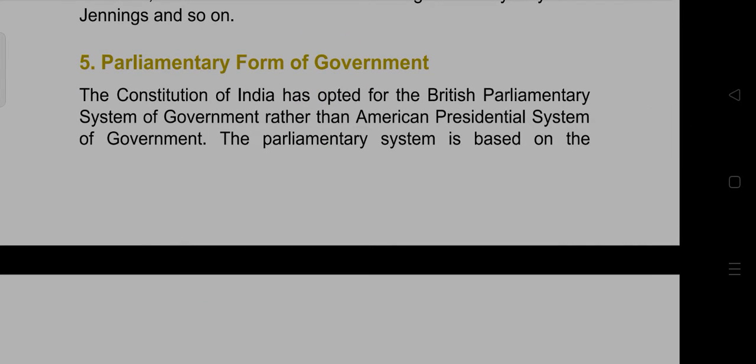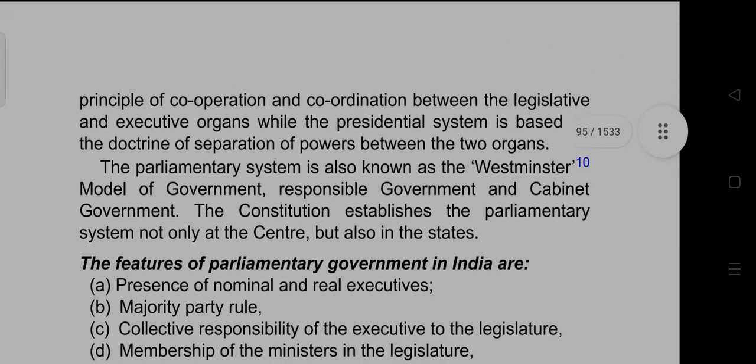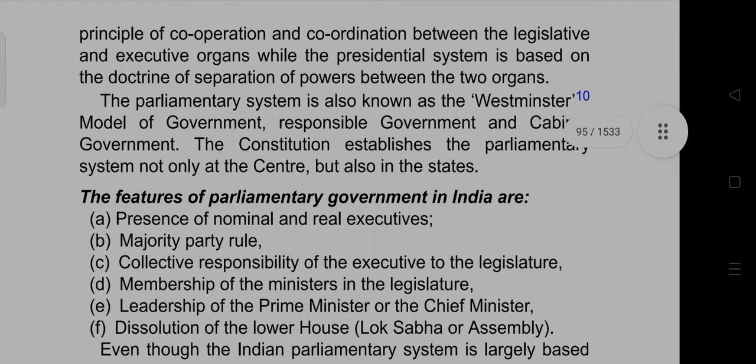Fifth, the parliamentary form of government. The Constitution of India has opted for the British parliamentary system of government rather than the American presidential system of government. The parliamentary system is based on the principle of cooperation and coordination between the legislative and executive organs, while the presidential system is based on the doctrine of separation of powers between the two organs.